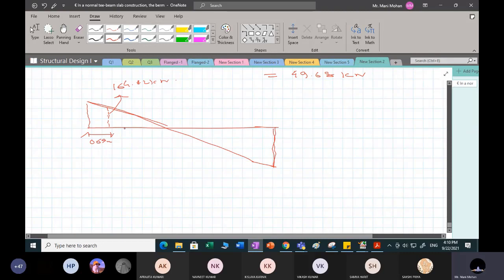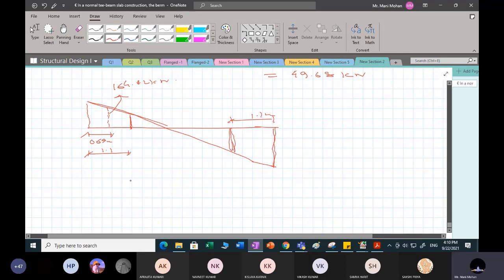And at this 1.1 meter, you are curtailing the bar. Same thing here, from here till here, 1.1 meter, you are curtailing the reinforcing bar.